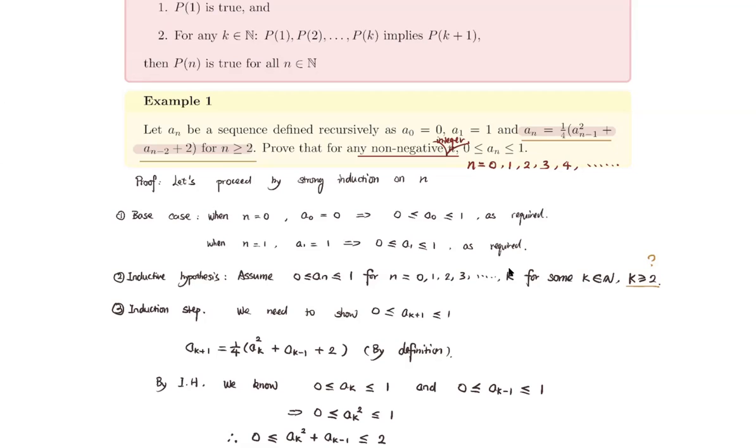Okay. Again, I'm going to repeat it again. Usually you check the first term, but in this case, you need to check the first two terms because this definition, this equation here, can only give you when n is greater than or equal to 2. So you cannot get A0 or A1 by using this. Because you cannot get A0 or A1 using this, when you reach induction step, you are using this definition.